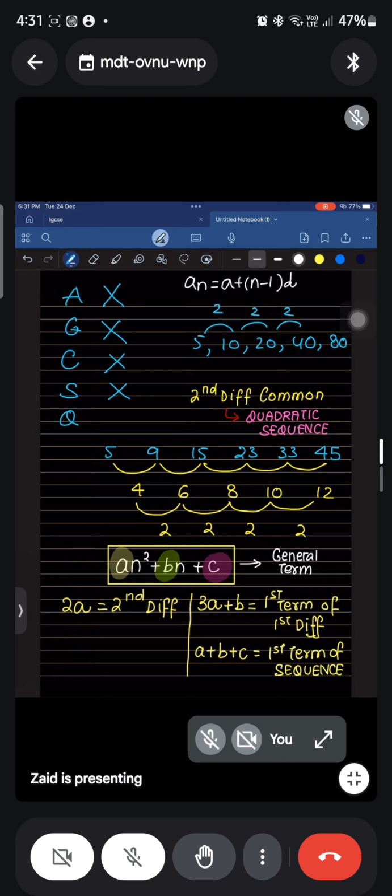So a plus b plus c equals the first term of the sequence. What is the first term of the sequence? 5, sir. 5. Yes, exactly.